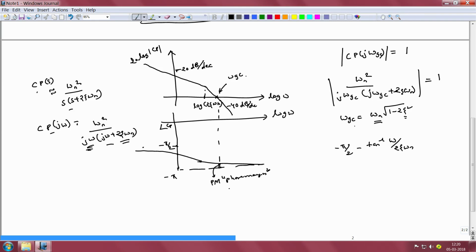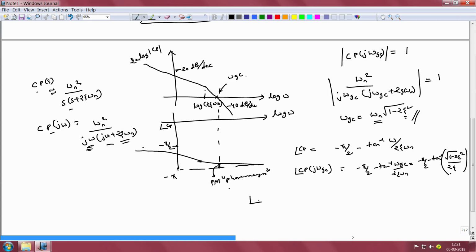Now, we have to evaluate it at omega gc in order to extract the phase margin. So, the phase of C times P at omega gc is given by minus pi by 2 minus tan inverse of omega gc by 2 zeta omega n, and that in turn is equal to minus pi by 2 minus tan inverse of square root of 1 minus 2 zeta square divided by 2 zeta. I get this expression by plugging in the expression for omega gc from here.